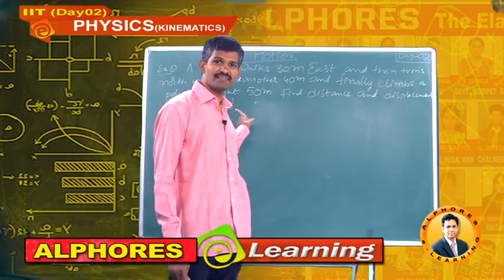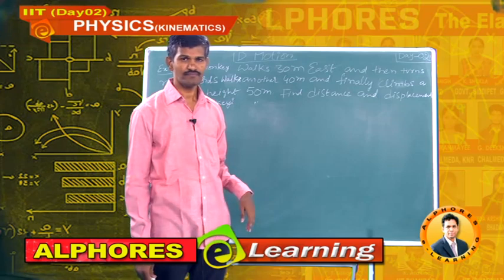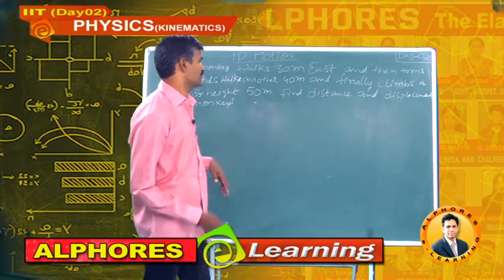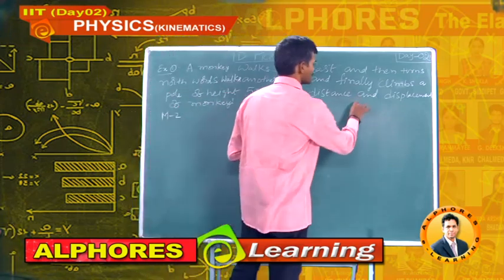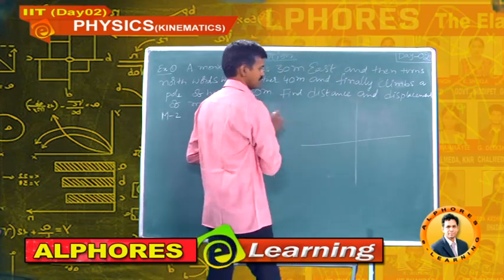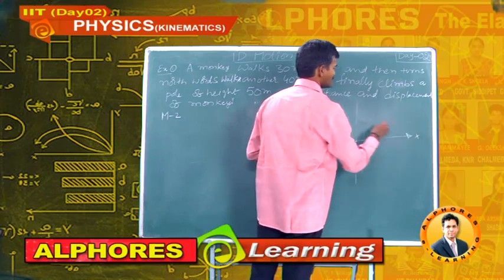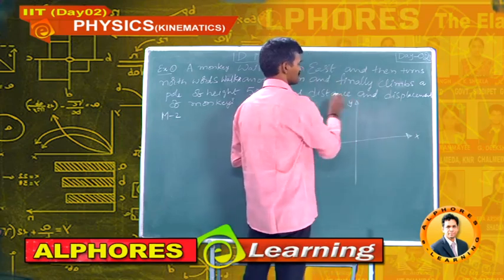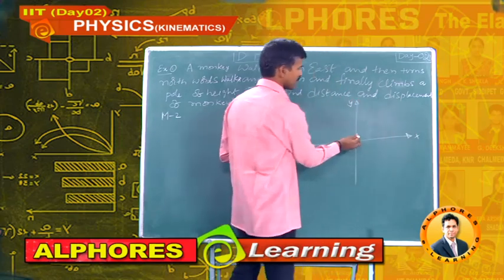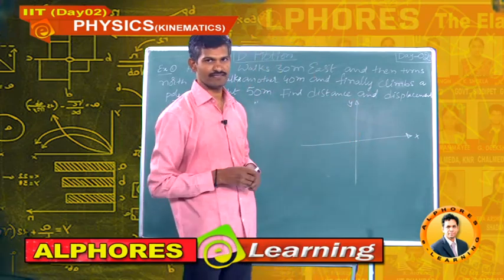Students, I am explaining the second method. To solve the problem in the second method, first we consider the coordinate system. This is x axis and this is y axis, and this vertically upward direction is z axis.